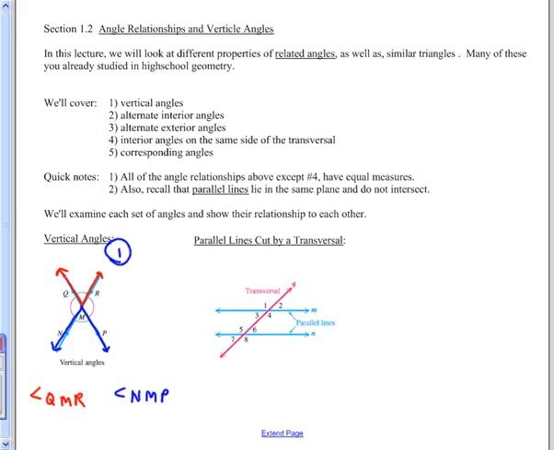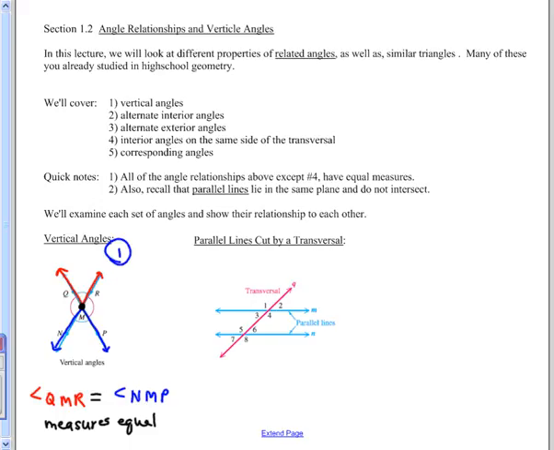It's basically one angle that is extended through its vertex to create another angle, and they do share that common vertex point of M. Vertical angles are equal in measure, and we will use that in a few problems later.